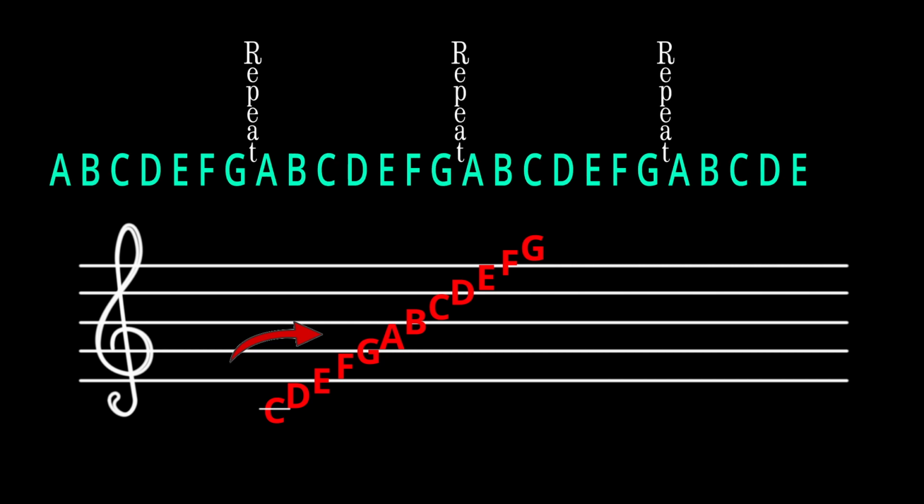Now, let's put some of this together. The placement of those notes on the staff is determined by a symbol at the beginning of the staff. It's called a clef. The G clef is better known as a treble clef. And it's called a G clef because it circles the line on the staff which represents G. Since the second line from the bottom is a G, then the next note up is going to be an A. Remember that the notes are assigned A to G, then they repeat.